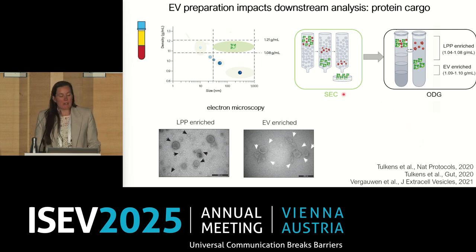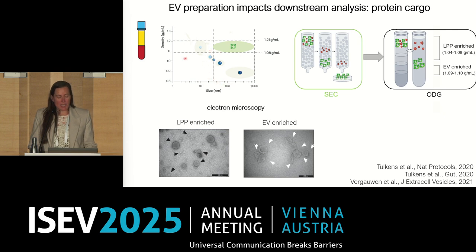So remember, in blood plasma, the most common type of particles are lipoprotein particles. And if we again look in this schematic based upon size and density, we observe that high density lipoprotein particles are smaller compared to extracellular vesicles, but they overlap in density.